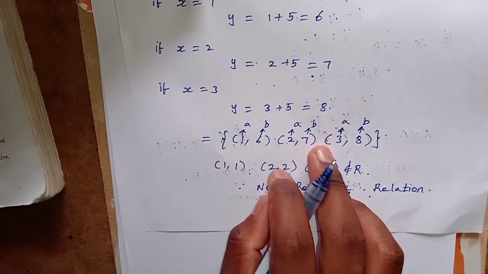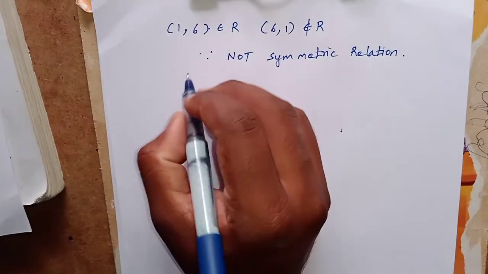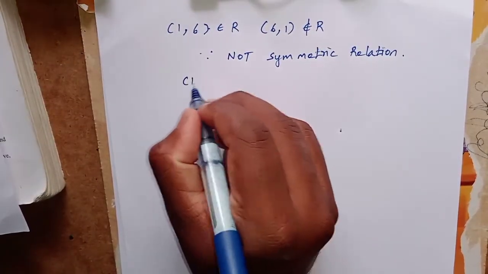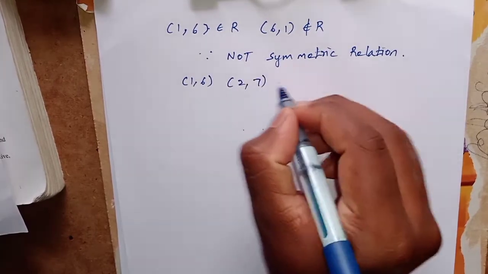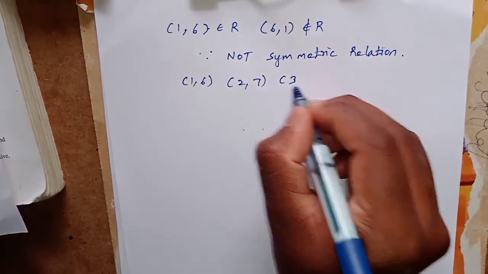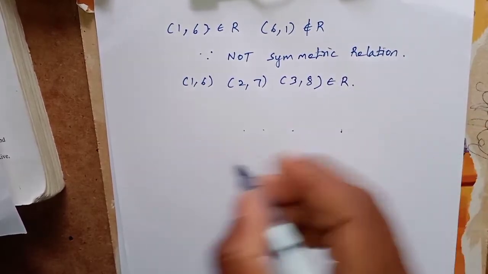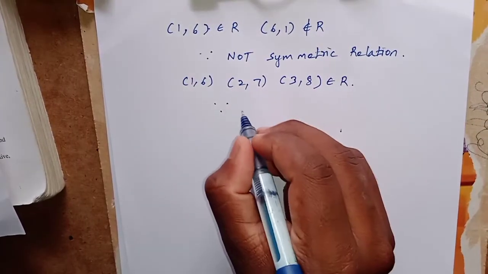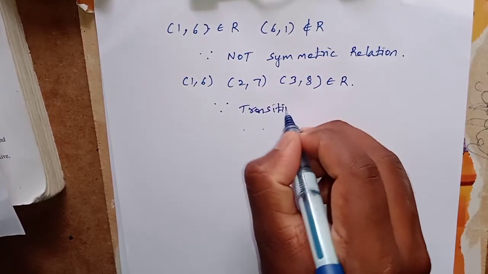There is no pair for (B, C). Therefore (1, 6), (2, 7), and last (3, 8) belong to R. Therefore it is a transitive relation.